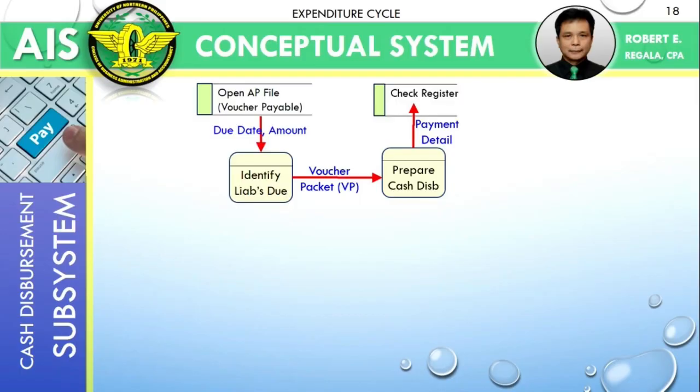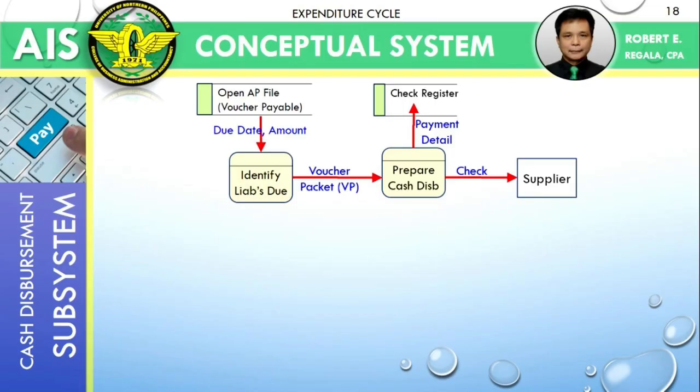Depending on the organization's materiality threshold, the check may require additional approval by the cash disbursements department manager or treasurer. The negotiable portion of the check is mailed to the supplier. A copy of it is attached to the accounts payable packet as proof of payment, and a check copy is filed in the department.